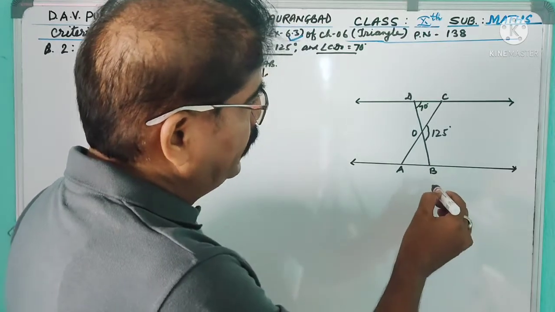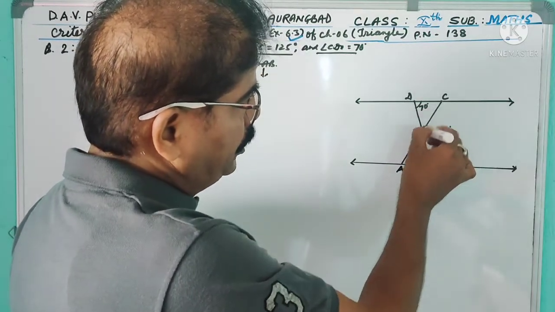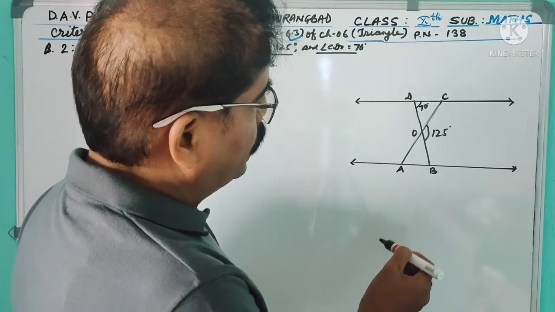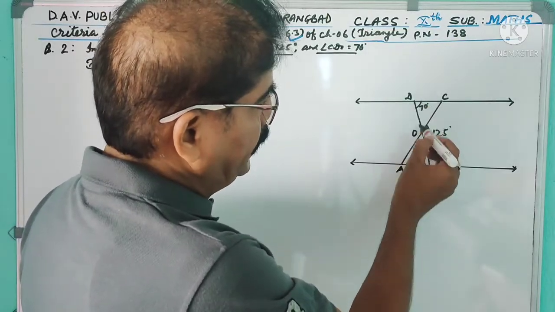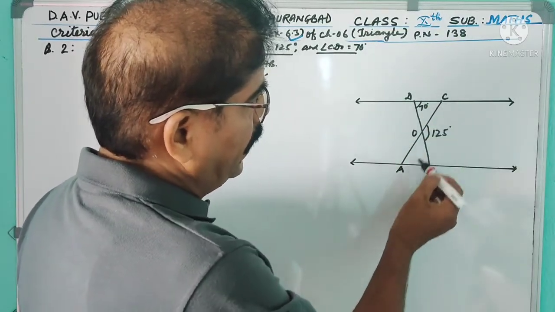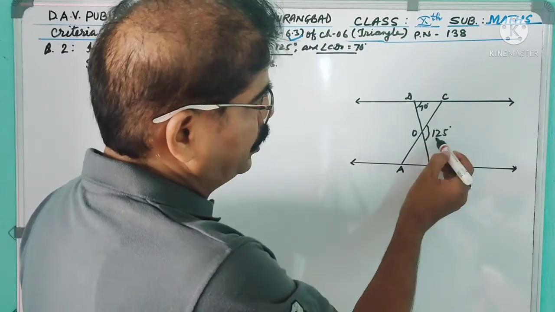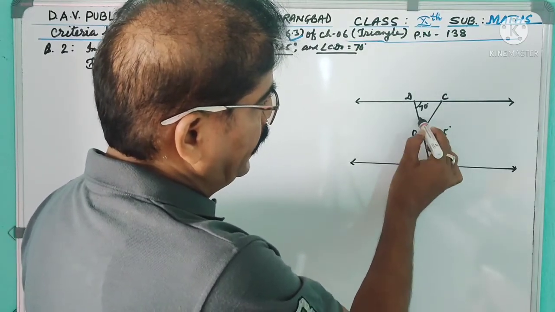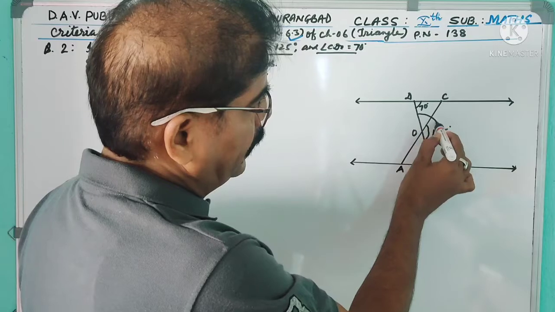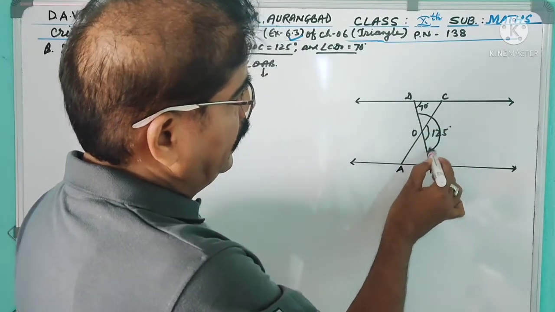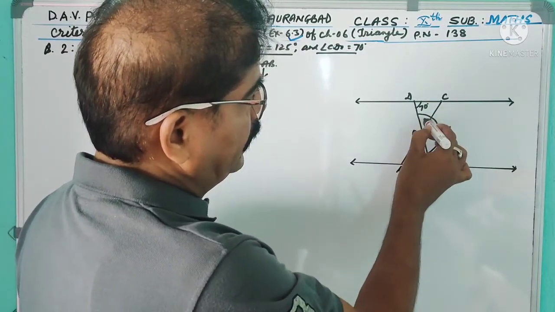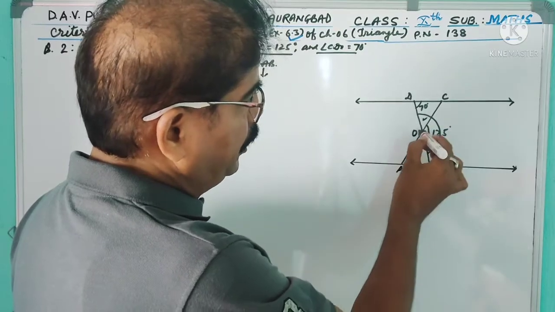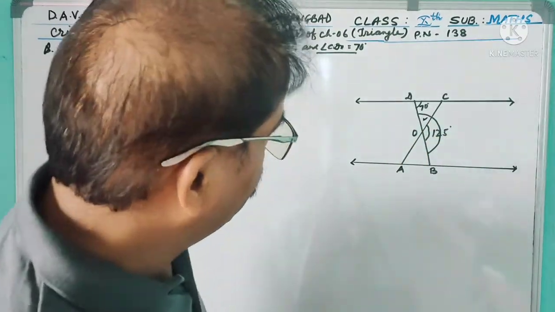Dear friends, DB is a line and CO extends on it. So angle DOC plus BOC equal to 180 degrees.